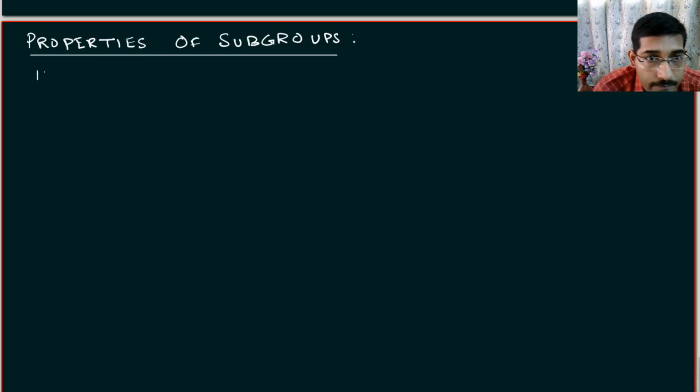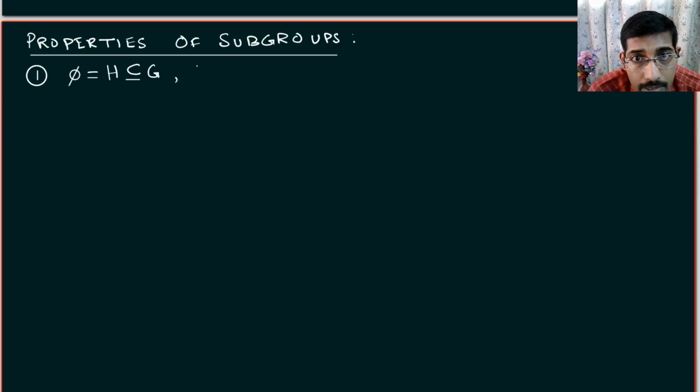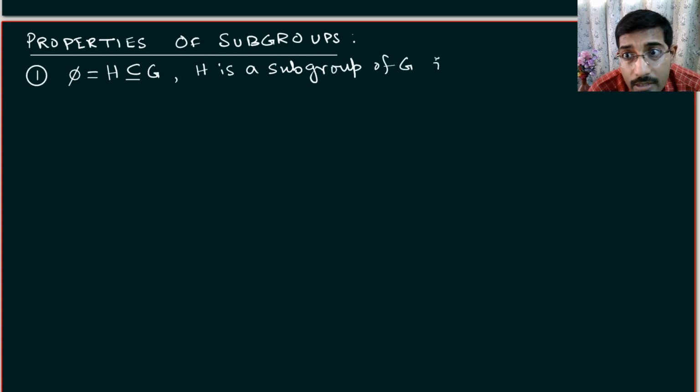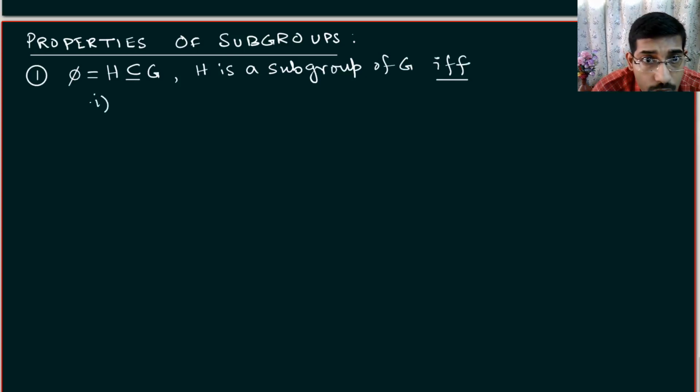Property 1: H is a non-empty subset of G. Then we call H a subgroup of G if and only if these two conditions occur.